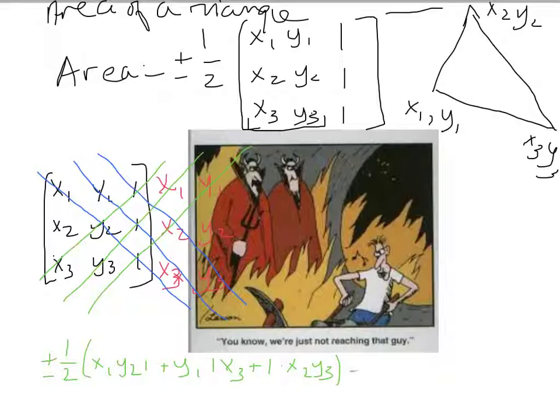From that I will subtract x3, y2, 1 plus y3, 1, x1 plus, I'm going to do a little angling here, 1 x2, y1. And there you have it.